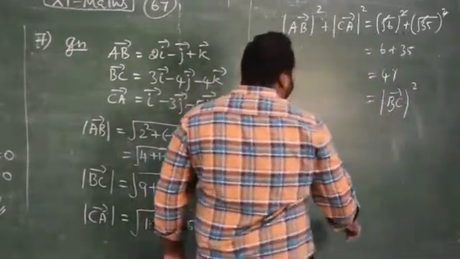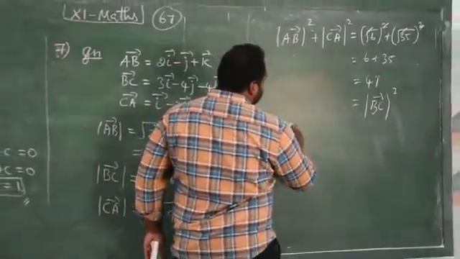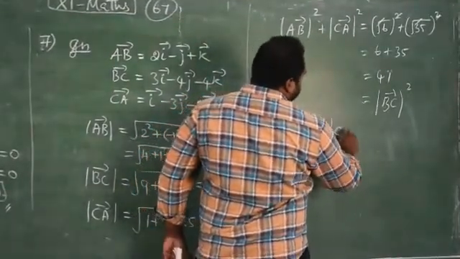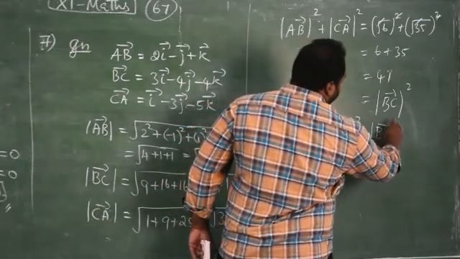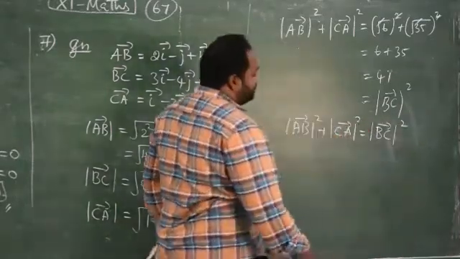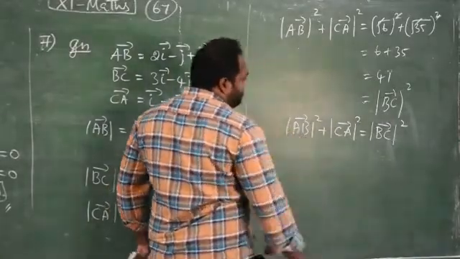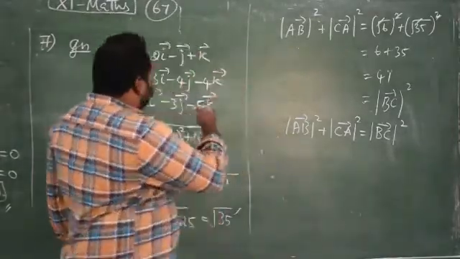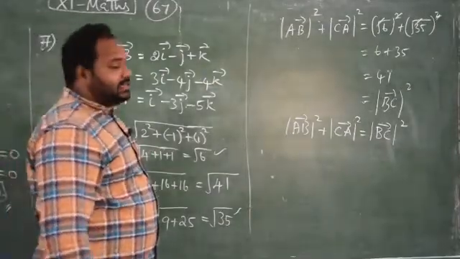The sum of the squares of the other two sides, AB square plus CA square, equals the hypotenuse square. So by the Pythagoras theorem we can prove that the three vectors are making a right angle triangle.